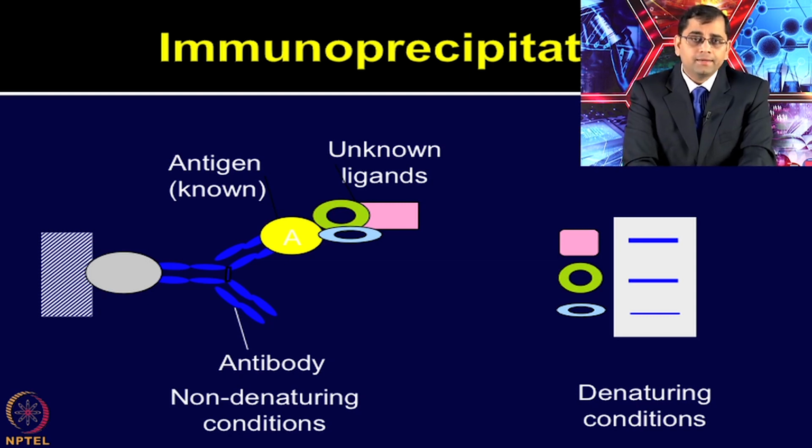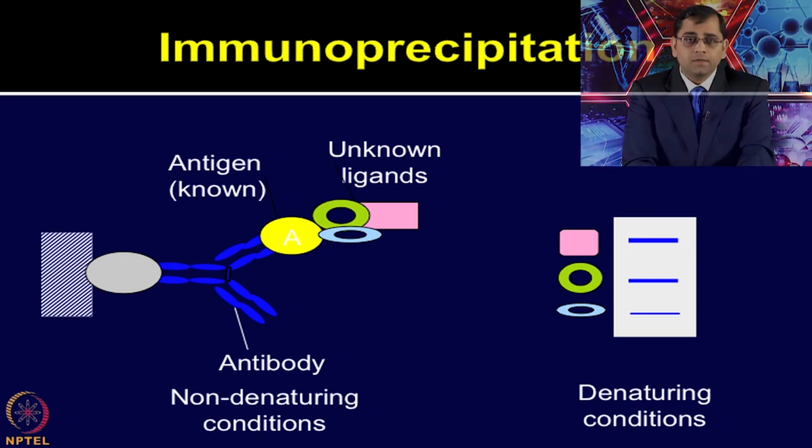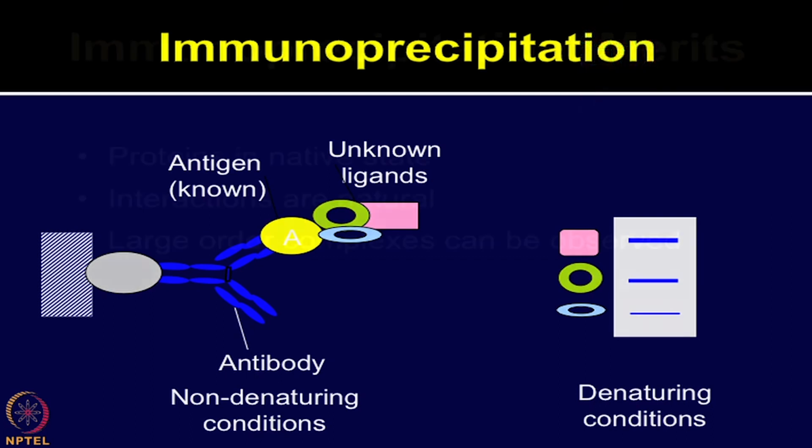As you can see on the slide, the antibody is used, which binds with the antigen and the unknown ligand, and this complex is separated on SDS-PAGE gel. This step is done under denaturing conditions, whereas the first step was performed under non-denaturing conditions.